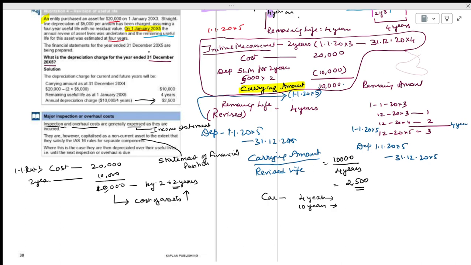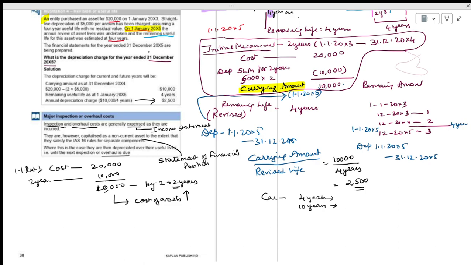Expense means you have to deduct it from the income. Capitalized means we have to add it to the value of the asset. Where this is the case, then depreciation over the useful life until the next inspection or overhaul. Now what we have done, we have taken only 10,000.